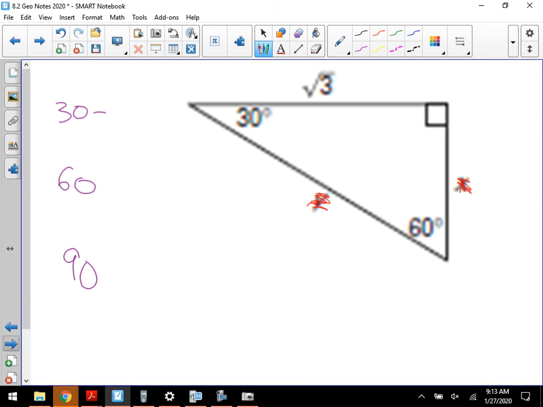Some value of x, some value of x times the square root of 3, and some value of x times 2. Across from which angle do you know? 60. So if I know across from the 60, I set this equal to the square root of 3. How do you get x by itself? Divide. Okay. Again, divide both sides by the square root of 3.